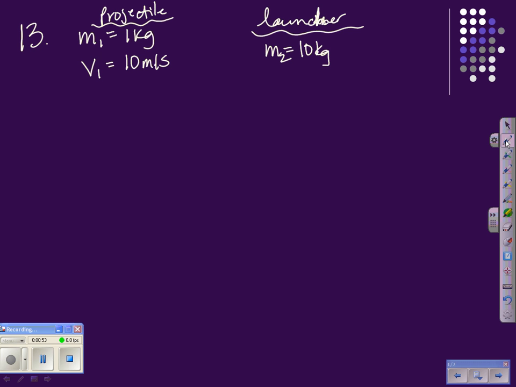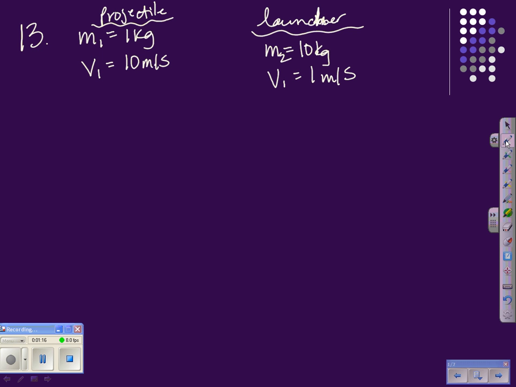And because it has the same momenta, which means that it has the same velocities roughly, because momentum is mass times velocity, if they're equal and opposite, then its velocity would have to be 1 meter per second.